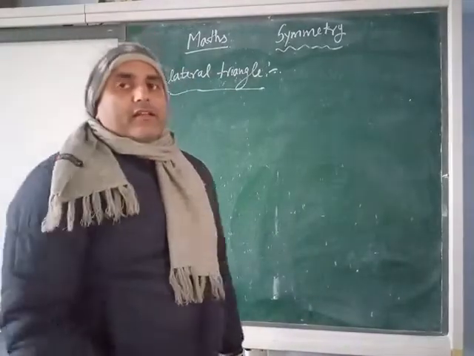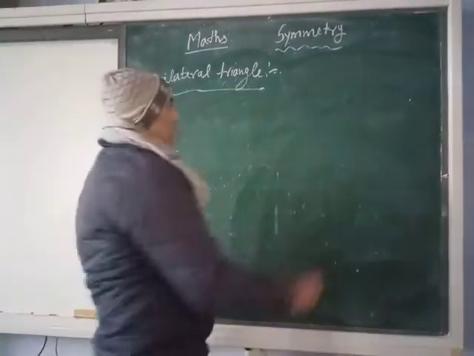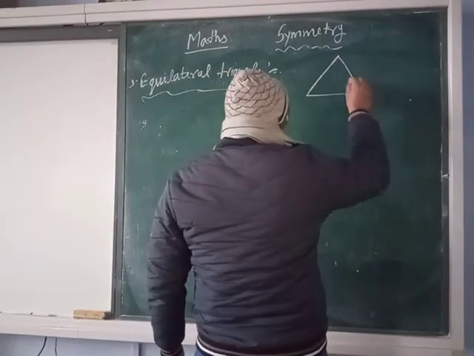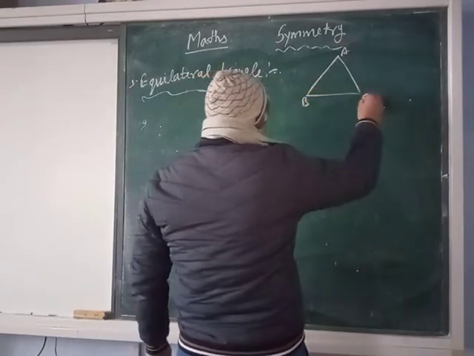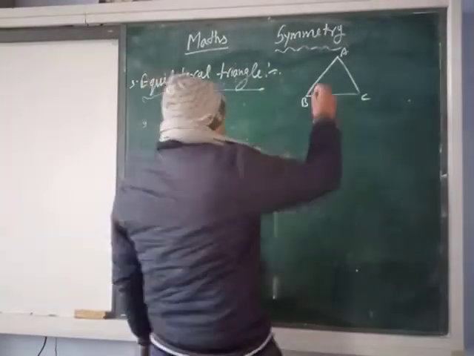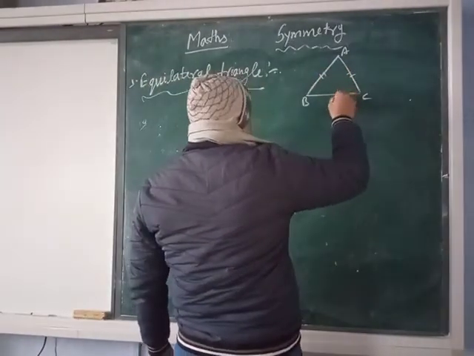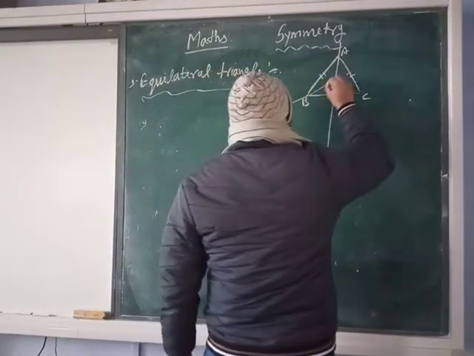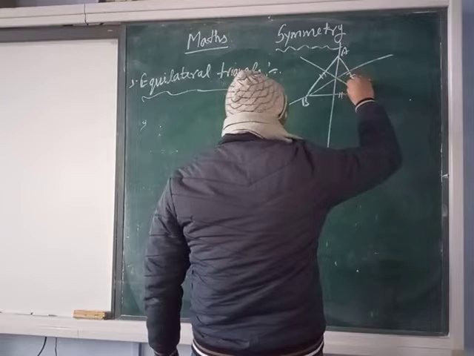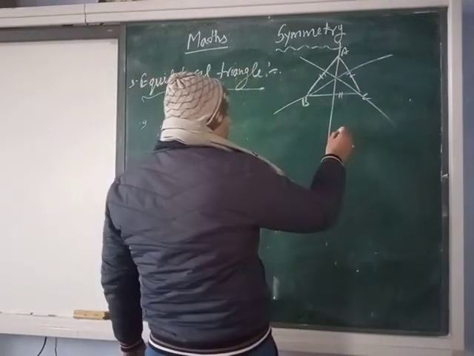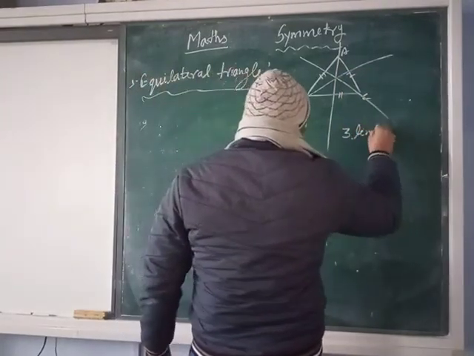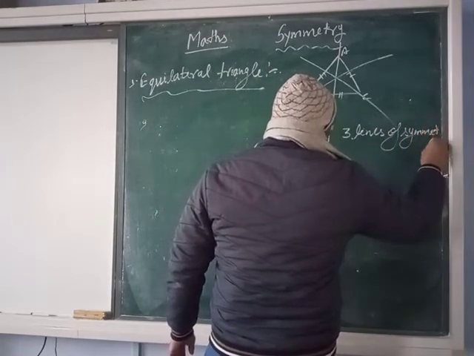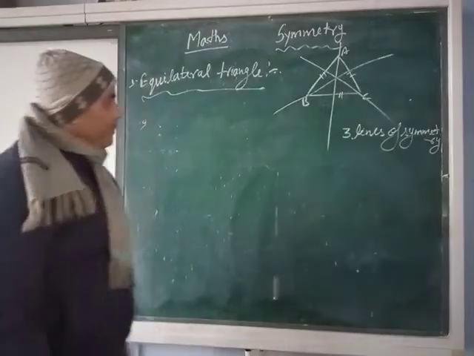Now if you have an equilateral triangle, how many lines of symmetry does it have? ABC, the triangle in which all sides are equal. So it has 3 lines of symmetry. So an equilateral triangle has 3 lines of symmetry. Okay.